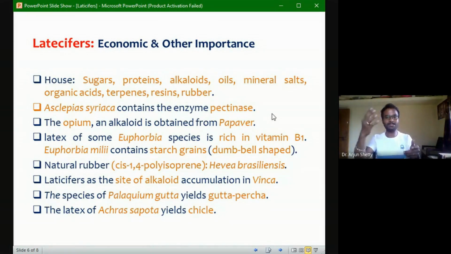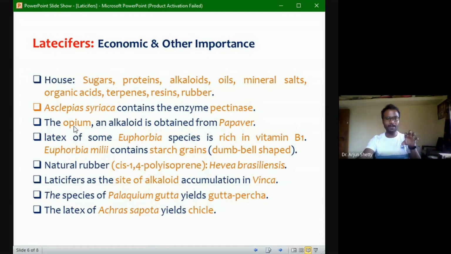But apart from these, they may also have different components in the latex released from the laticifers. Here I would like to give some particular examples and what they contain. Asclepias syriaca is a plant whose latex contains pectinase, an enzyme.